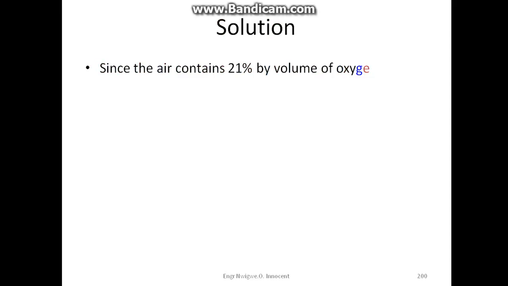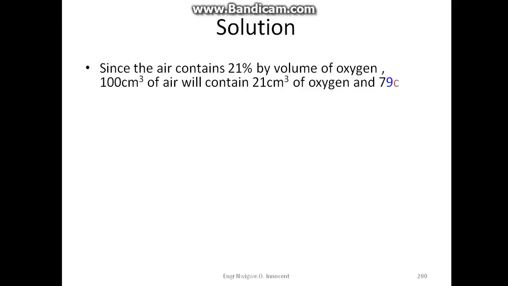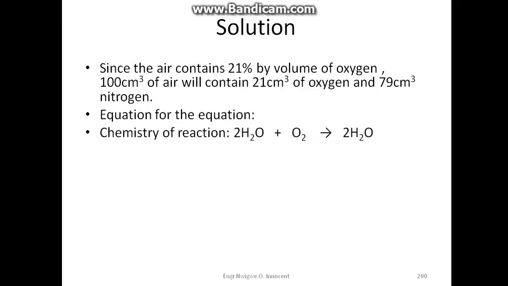Since air contains 21% by volume of oxygen, 100 cm³ of air will contain 21 cm³ of oxygen and 79 cm³ of nitrogen. Equation for the reaction. Chemistry of the reaction: 2 volumes of hydrogen plus 1 volume of oxygen give 2 volumes of water. Combining volumes: 2 volumes of hydrogen react with 1 volume of oxygen to give 2 volumes of water.